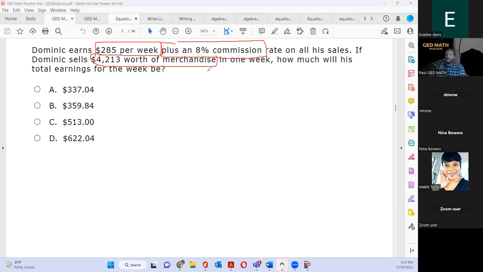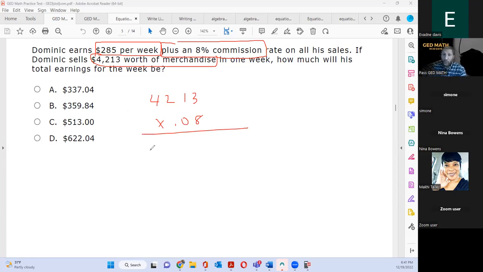So $285 plus 8% commission. I have no idea how to do this problem. Can someone tell me? Multiply the total, the 4,213, by the 8%.